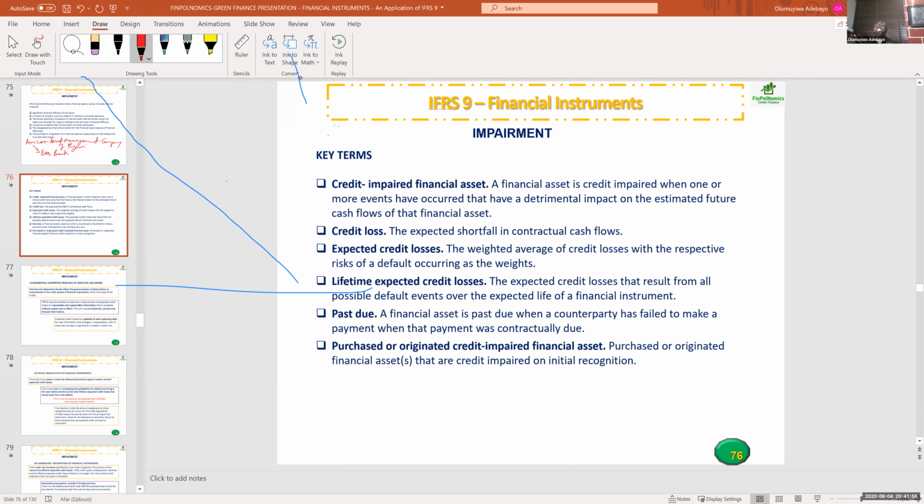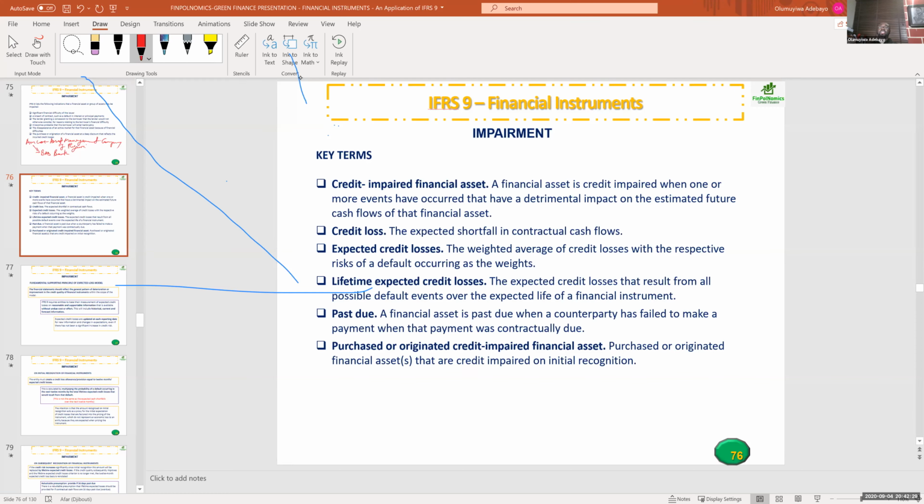Now, what then is a lifetime credit loss? Lifetime credit loss is a form of expected credit loss that has taken into consideration all possibilities of default and every scenario that can create such a loss event, which means you have considered everything all in all to determine what will be your worst case scenario of the loss you experience over the entire life of these financial assets.